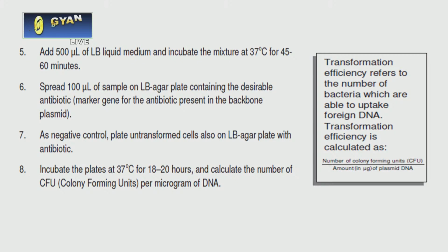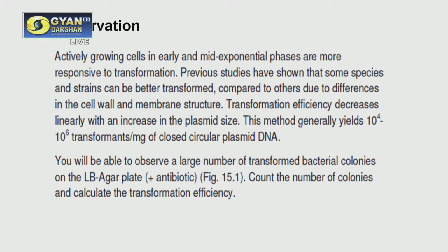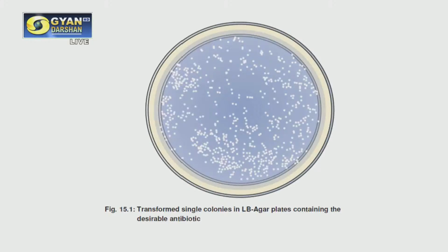In the next phase, what will you be able to see? You will be able to see bacterial colonies, like what I am showing here. What does the appearance of these bacterial colonies suggest?